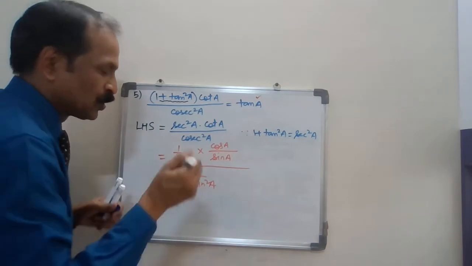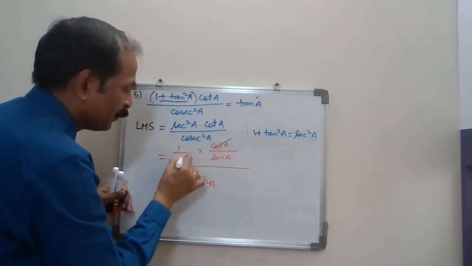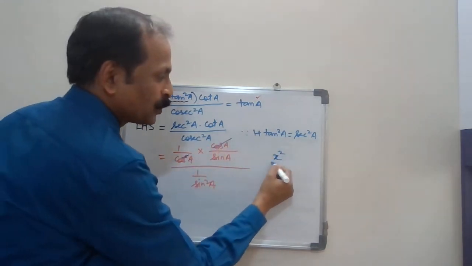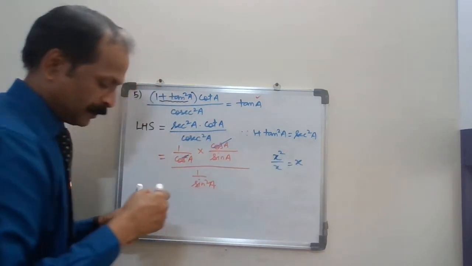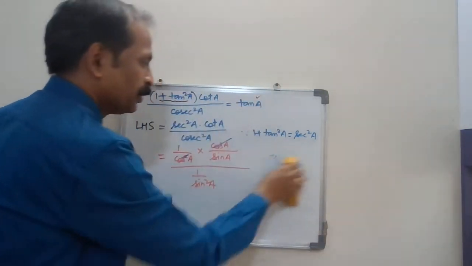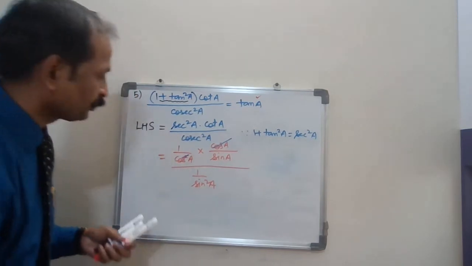Now try wherever you can. You can try here. So now this cosec will cancel this degree, like how x square upon x gives you x. Okay, you don't write it but understand it like algebra.